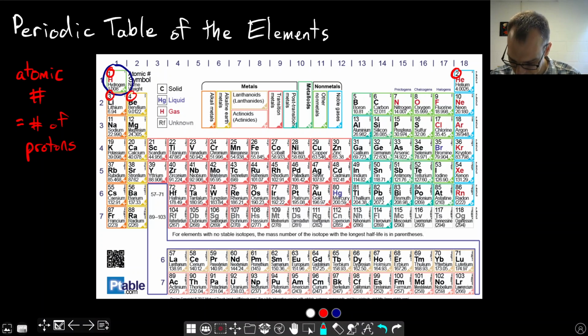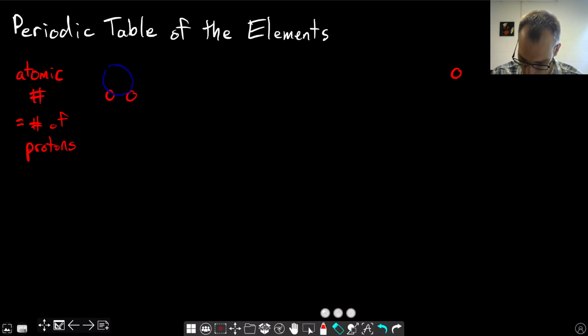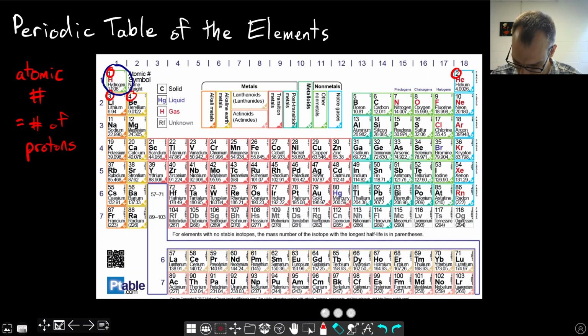And then beneath that, let's erase a little bit here. Erase the wrong thing. All right, we won't try to erase it. Beneath that we have the symbol. So right here we have, for hydrogen, that's H. That's not very easy to see.